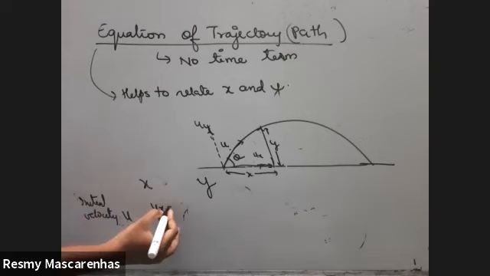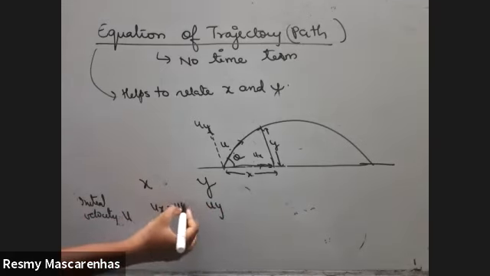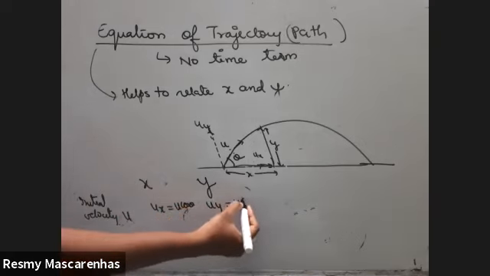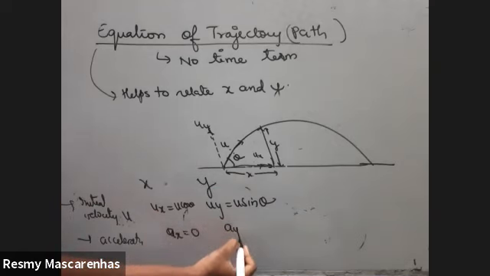It will always have ux and uy. So this is u cos theta. This is your u sin theta. Next one, acceleration. ax is always equal to 0. ay is minus g.